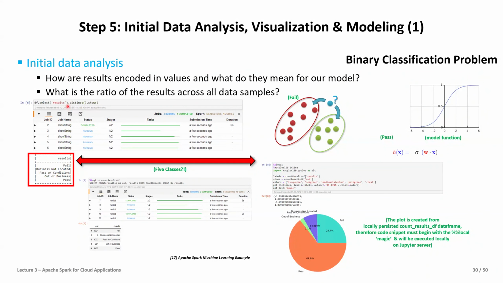The results is a label, right, which we expected to be pass and fail. But if we look at the data, it suddenly gives us 5 classes: fail, business not located, pass with conditions, out of business, pass, etc. So 5 classes will not work with our classification problem.